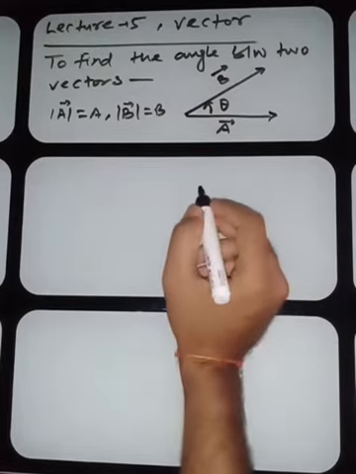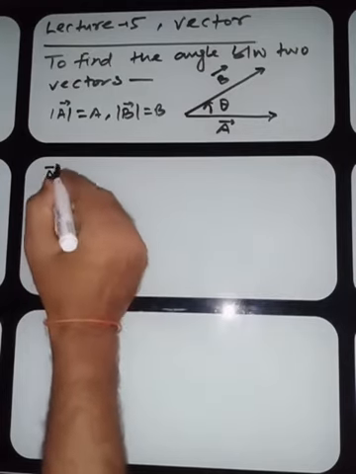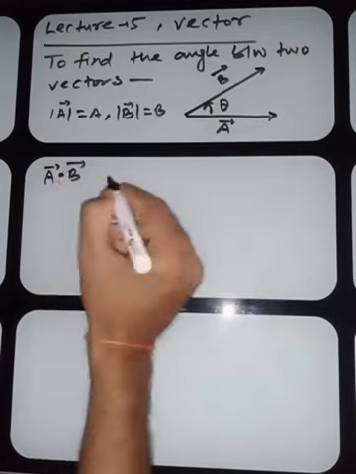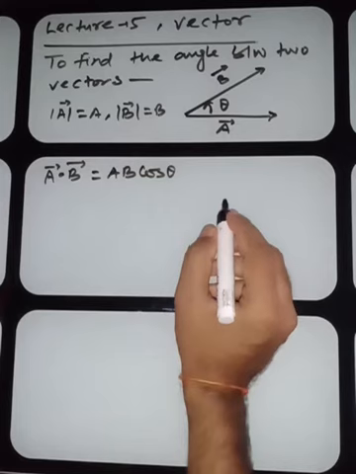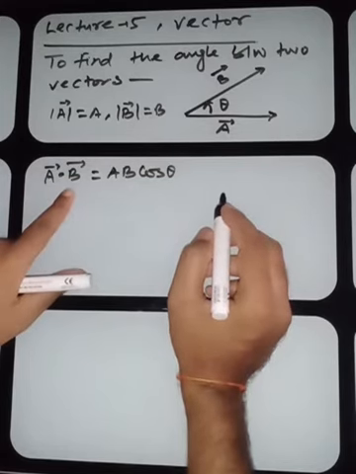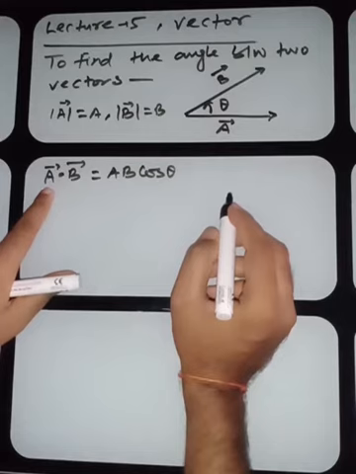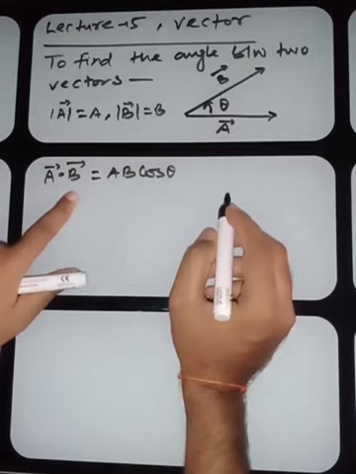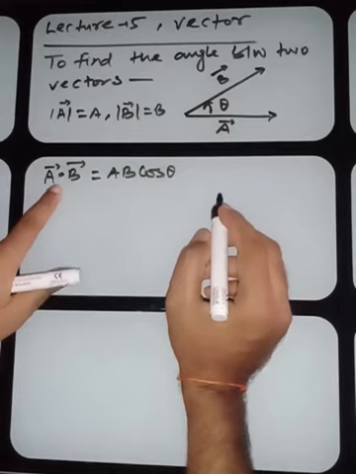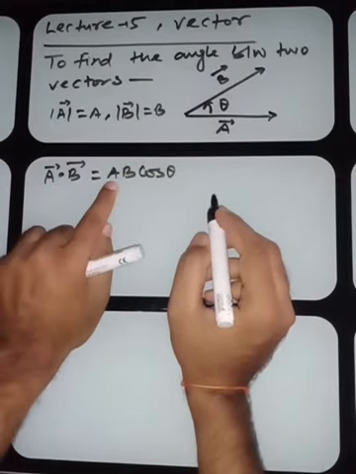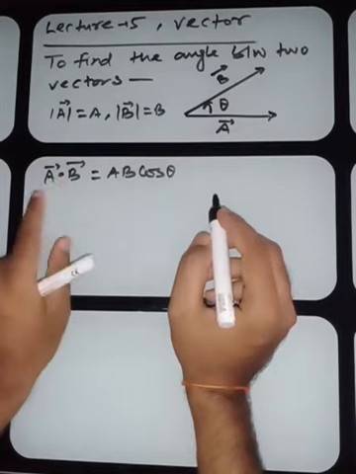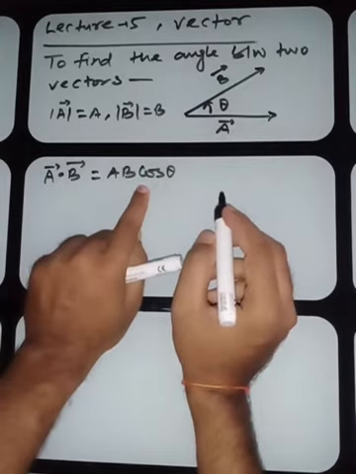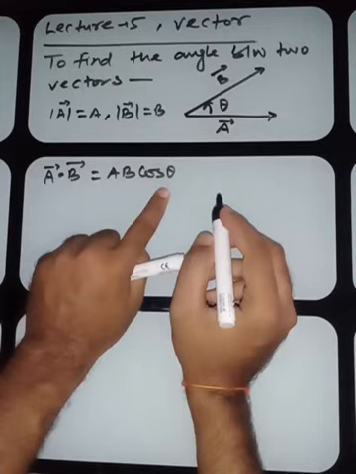Students, can we find the dot product between these two vectors, which we have studied already, as AB cos theta? Suppose you have been given two vectors A and B. Could you find the dot product of A and B? Yes, you have studied it already. Could you find the magnitude of A? Yes. The magnitude of B? Yes. Now if you have the value of A dot B and the magnitudes, it is very easy to find cos theta and then theta by cos inverse.